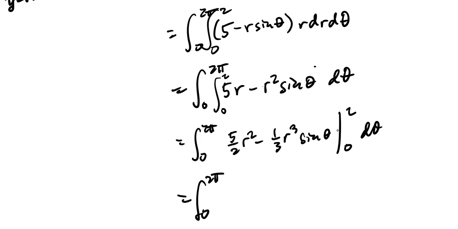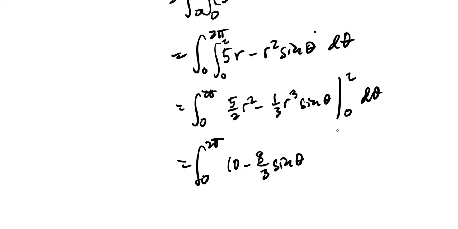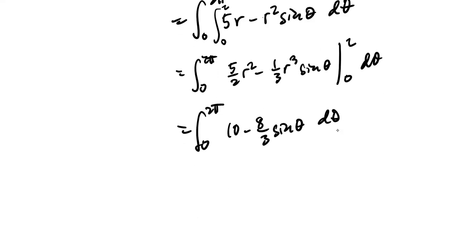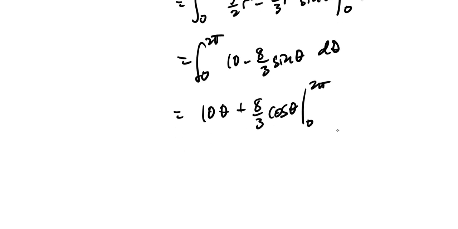And now we get, let's see, that'll be 10 minus 8/3 sine of theta. Everything else is 0. And so this is d theta. And so now we take the integral of this. This will be 10 theta minus 8 over 3 cosine, so it's plus cosine theta, 0 to 2 pi.